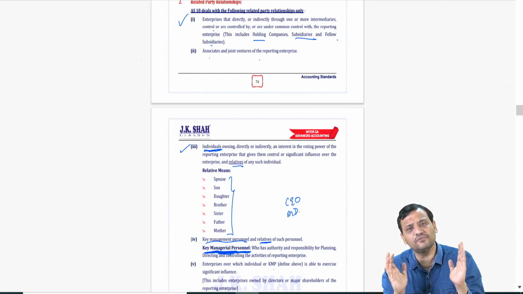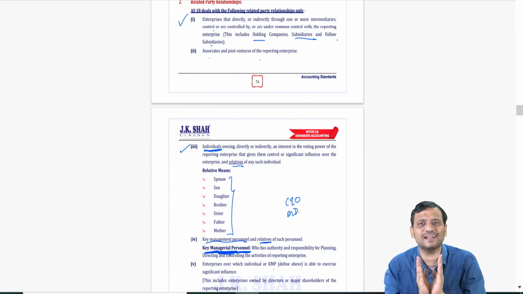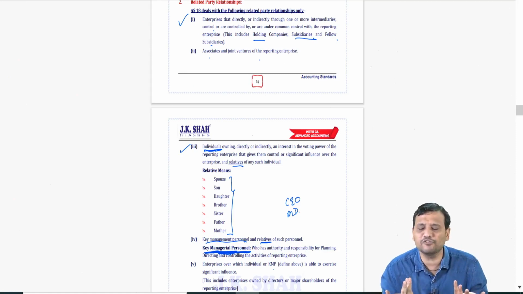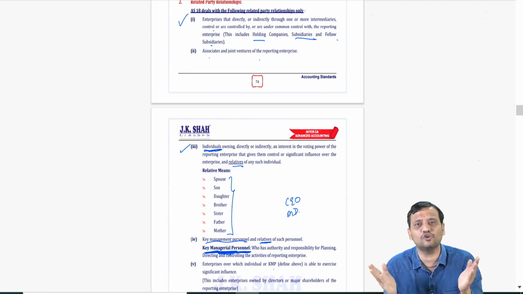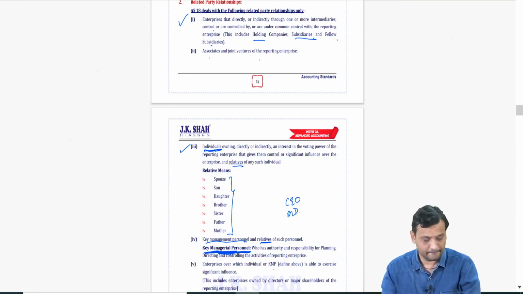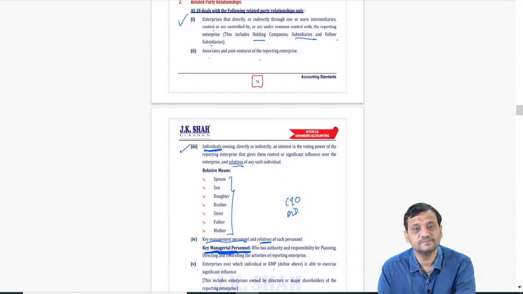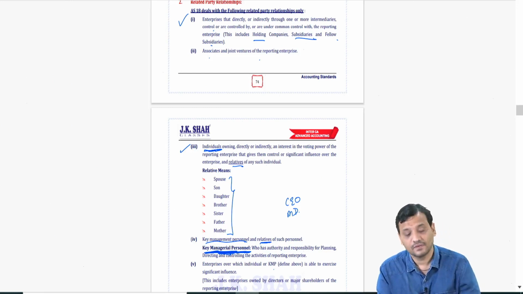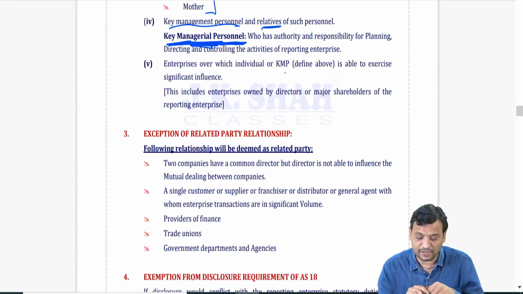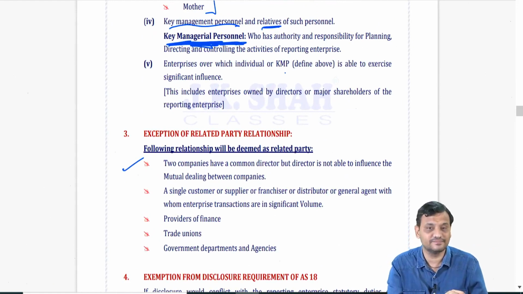So if a single person is a director in 2 entities where I am holding a non-executive function, then those 2 entities are not to be considered as related party. Got the point? Next, this is the first part. 2 companies are not to be considered related.